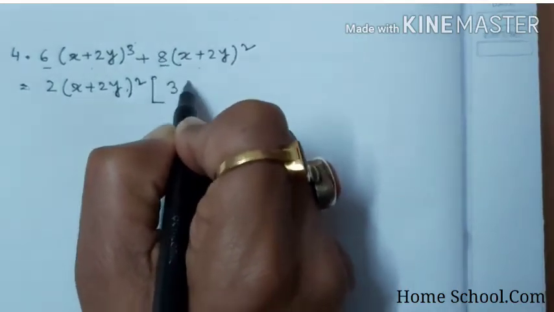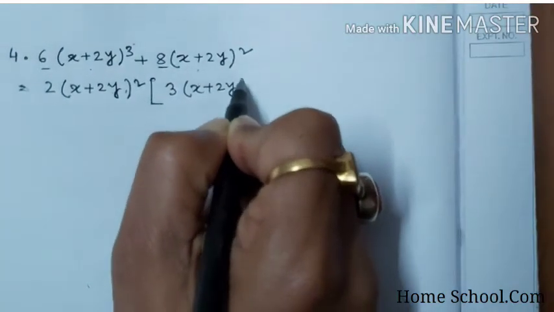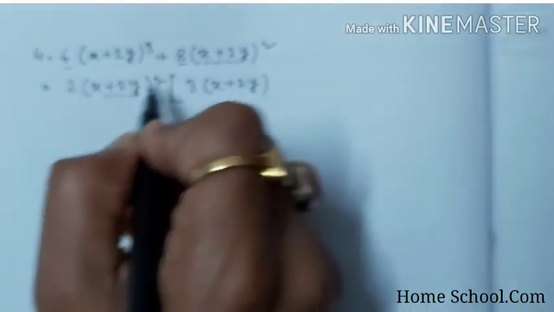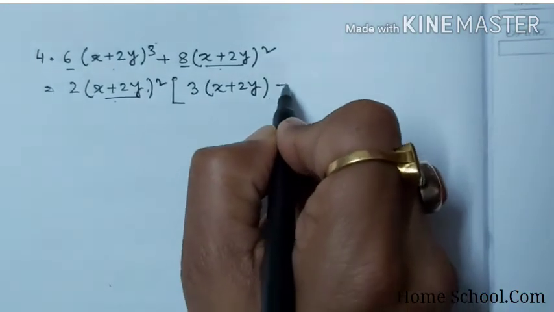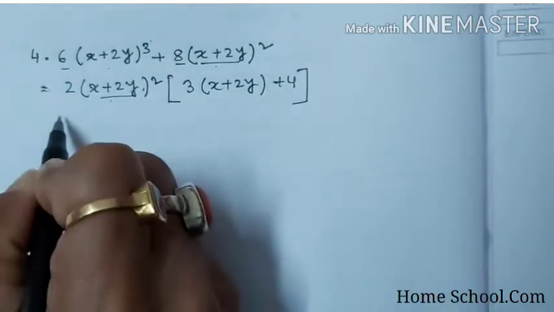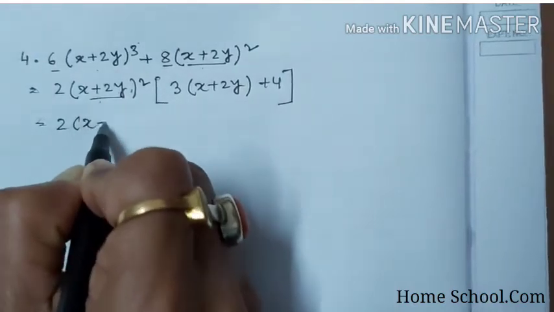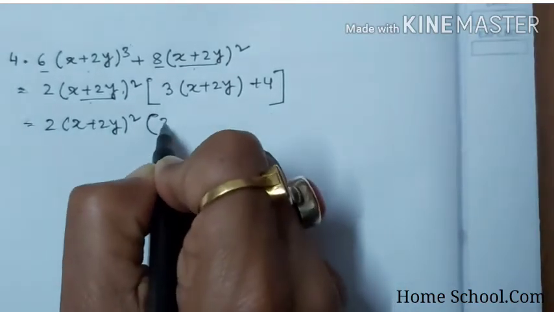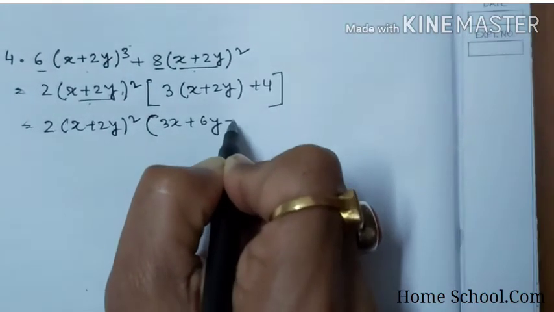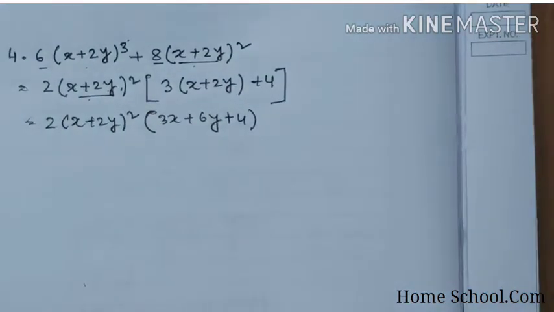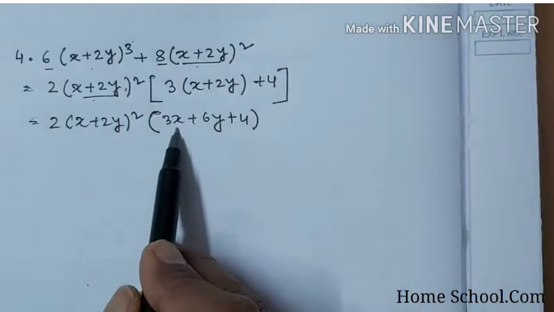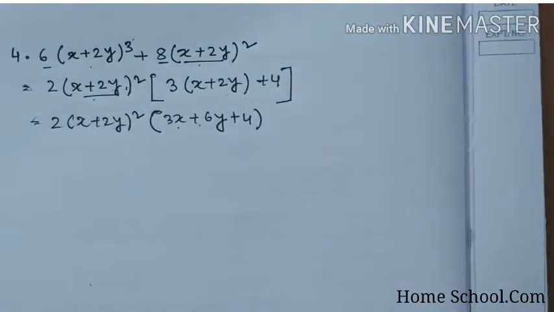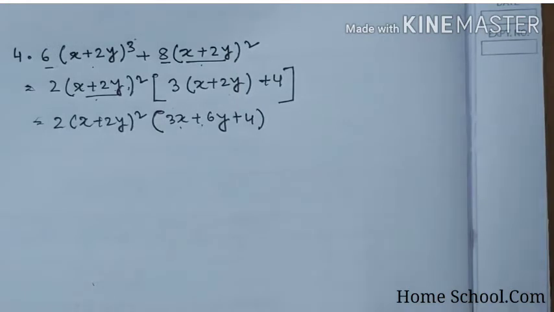You will get 3(x plus 2y). (x plus 2y) square, (x plus 2y) square, nothing remains. So only you will have plus 4. So how can you write? 2(x plus 2y) square, and this will become 3x plus 6y plus 4. This is the answer. 3 into x, 3x, 3 into 2y, 6y plus 4. This is the answer.